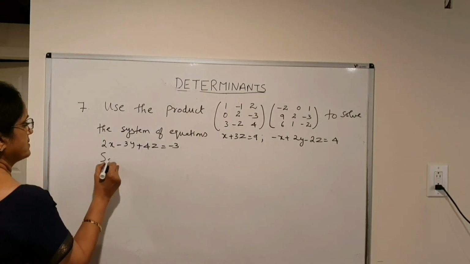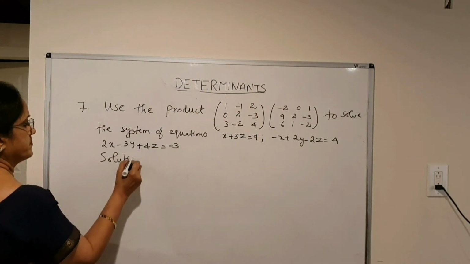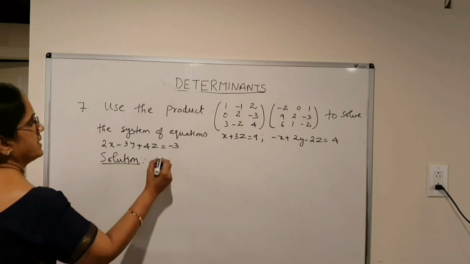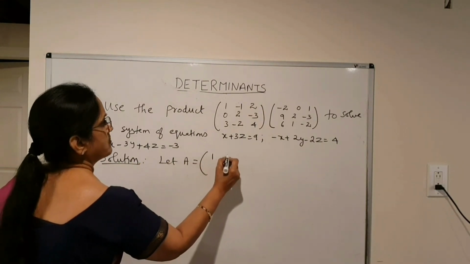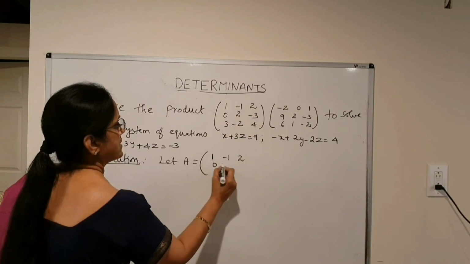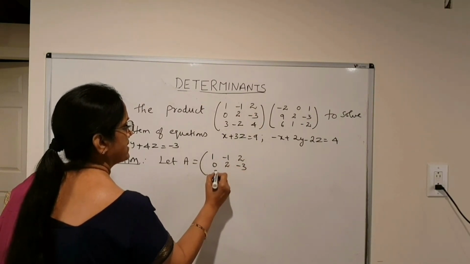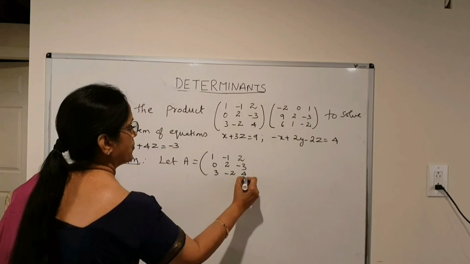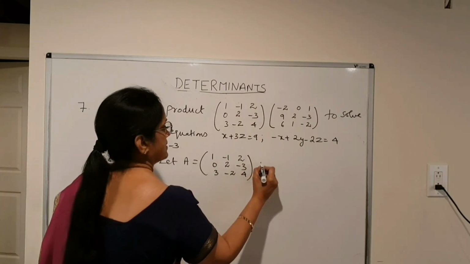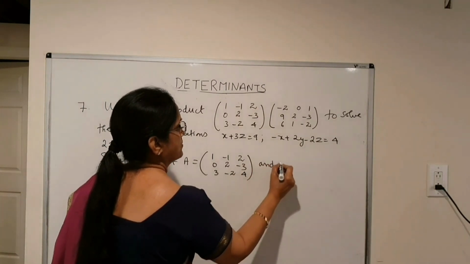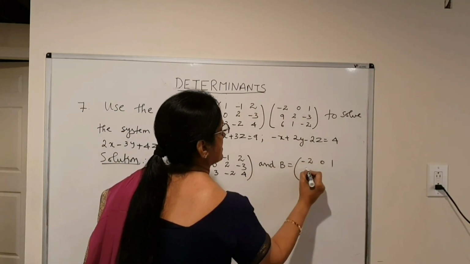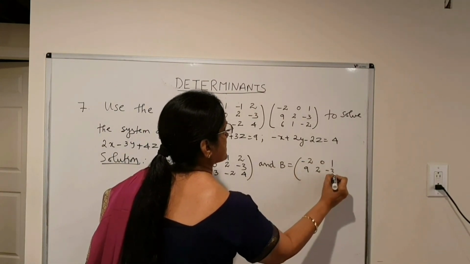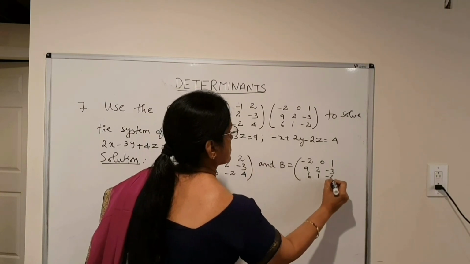Solution. Let me make the assumption first. A is equal to the matrix 1, minus 1, 2; 0, 2, minus 3; 3, minus 2, 4, and B is equal to the matrix minus 2, 0, 1; 9, 2, minus 3; 6, 1, minus 2.